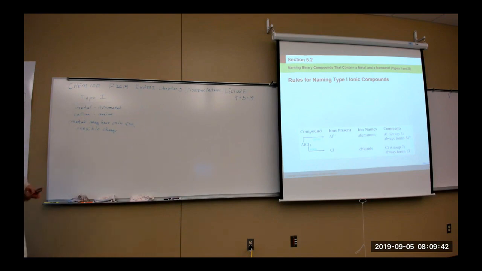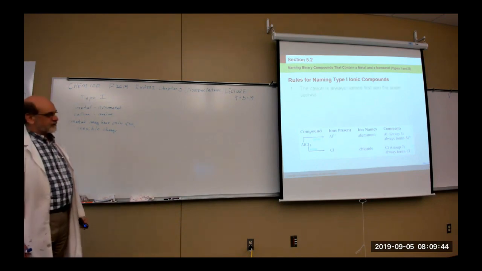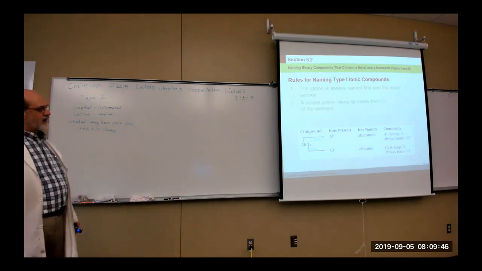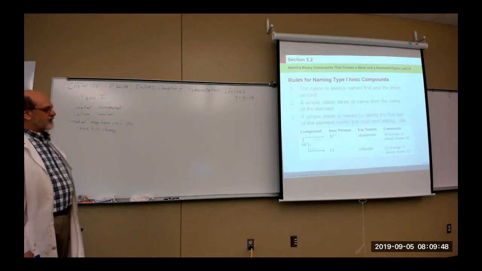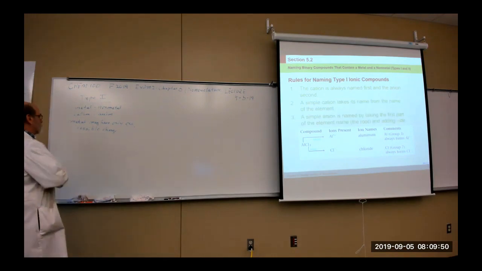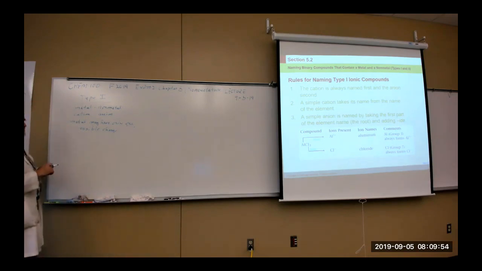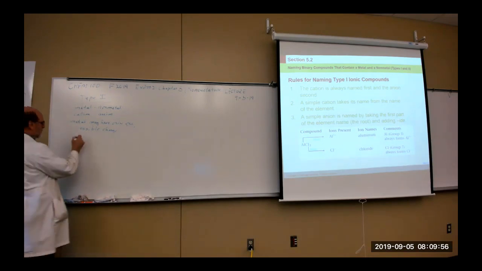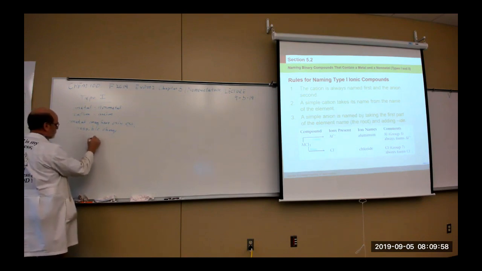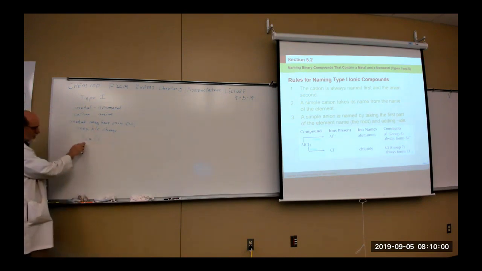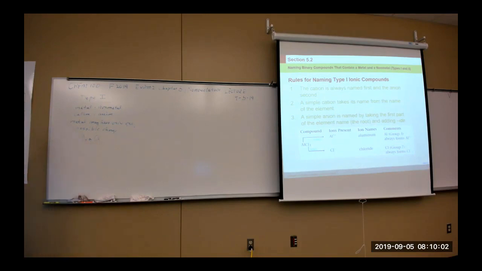Okay, we'll do some examples. Let's see. First thing you do, let's just take an example. Say we have this compound where you're combining a metal and a non-metal. Right? Where does it come from?